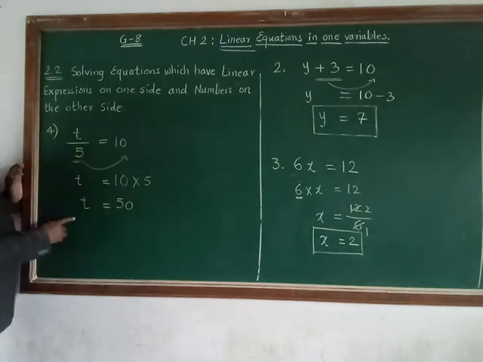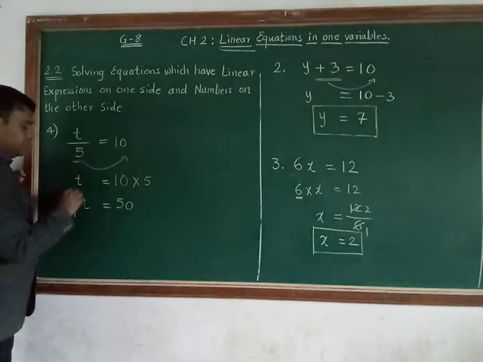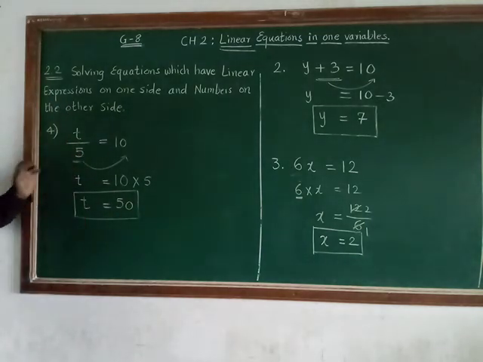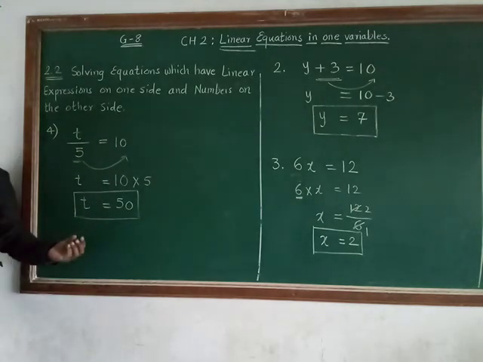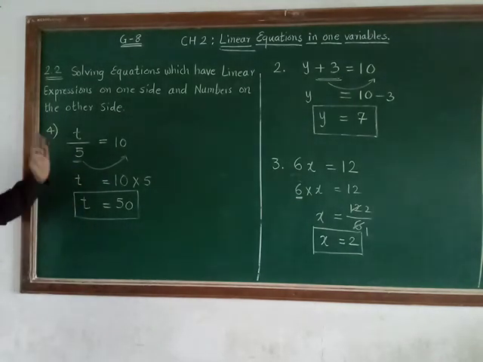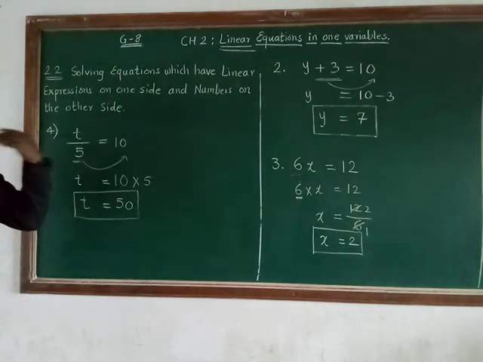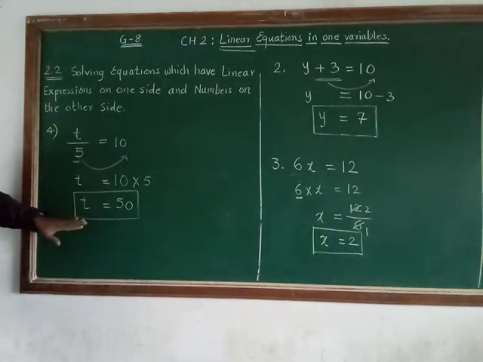So the solution of the linear equation t upon 5 is equal to 10 is t equal to 50. So what we have to understand here is that whenever a number is dividing on the left hand side and you transpose it to the right hand side, it becomes multiplied. So that is our last example.